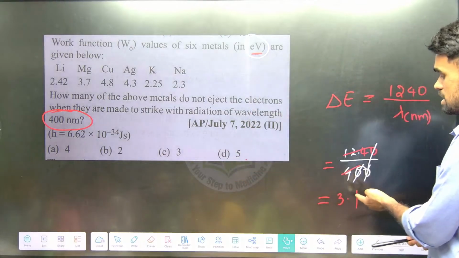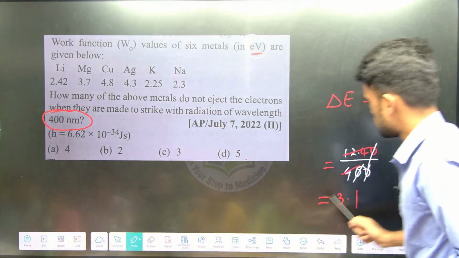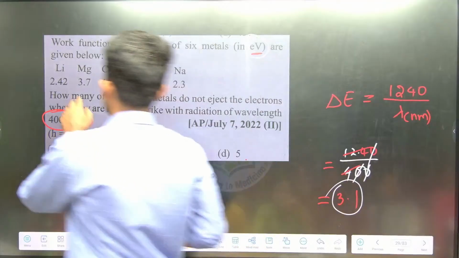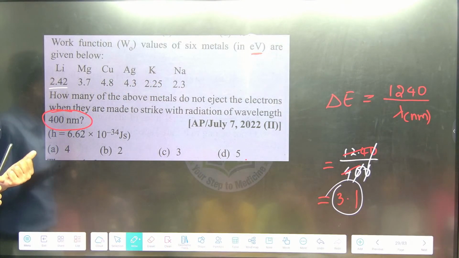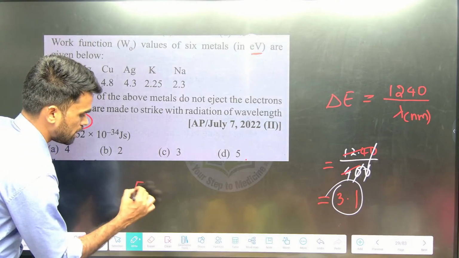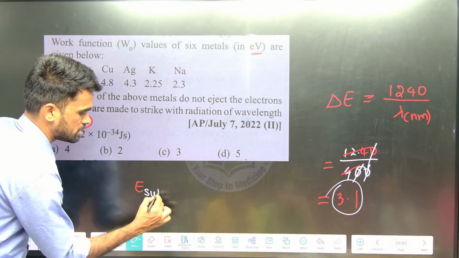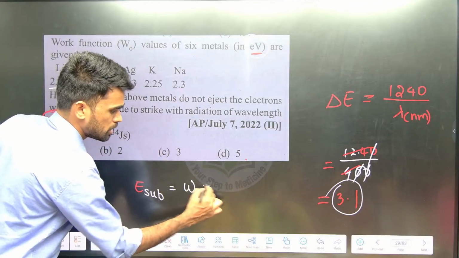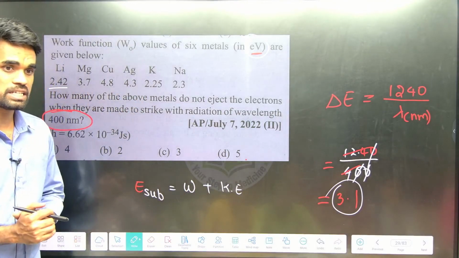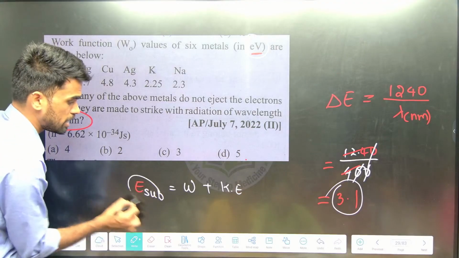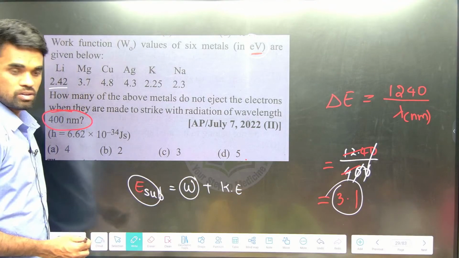This is the minimum energy you are supplying. So tell me, will it eject the electron or not? E supplied is equal to work function plus kinetic energy. The photoelectric effect is seen when your supplied energy is greater than the work function.